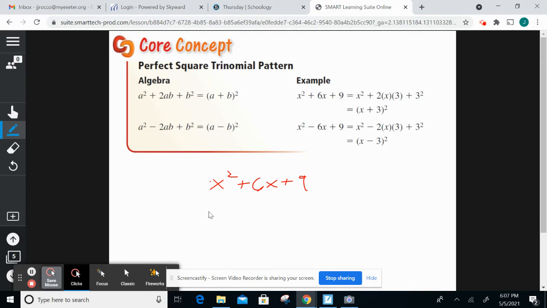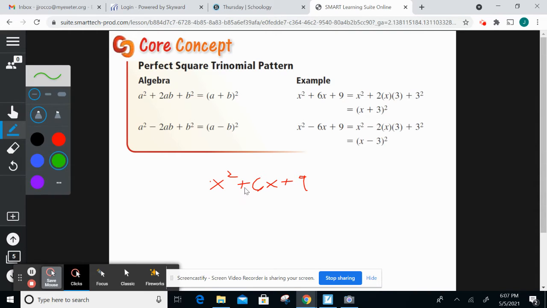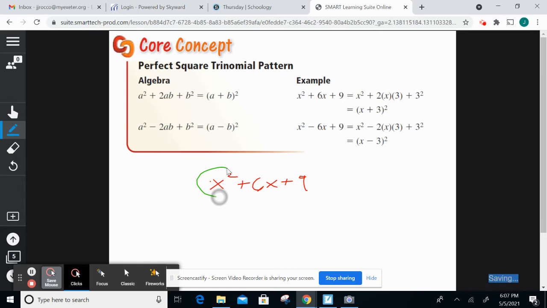What you notice is the first and last terms are perfect squares. So the first thing you have to notice is that first and last terms are perfect squares. Okay, the square root of x squared is x, the square root of 9 is 3. And you can see right here, they write that out, x squared and 3 squared.